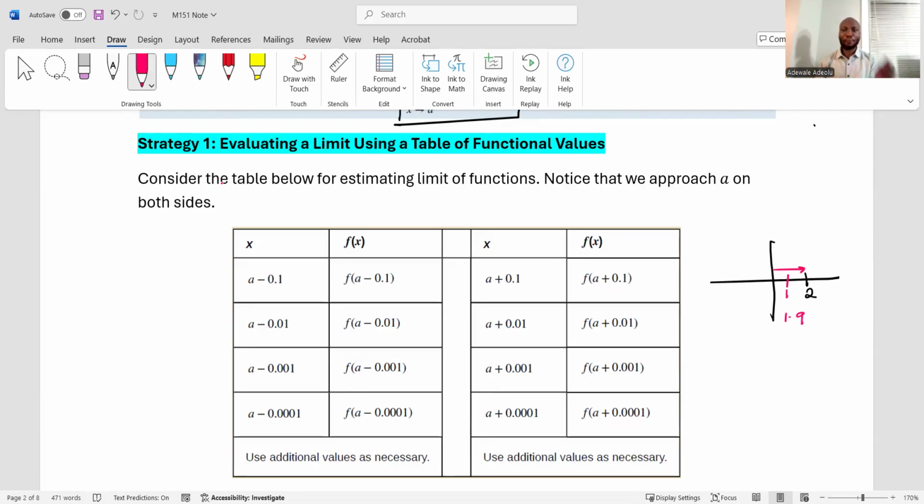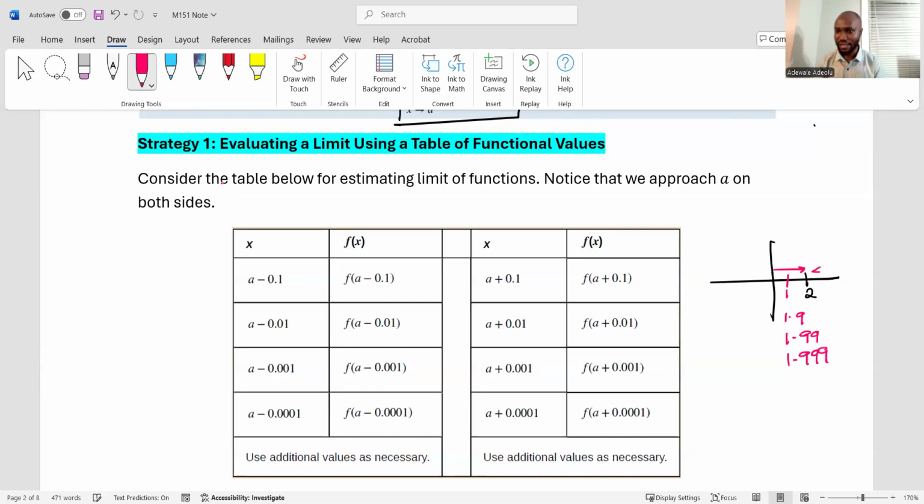Very true. But there are closer numbers to 2 than 1.9. What of 1.99? Another one, 1.999, 1.99999, and it keeps going like that. So in all these cases, we will get closer and closer to 2 every time.